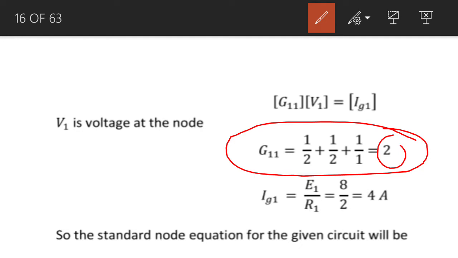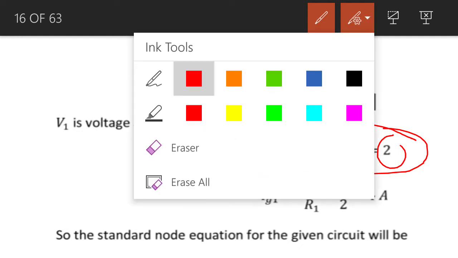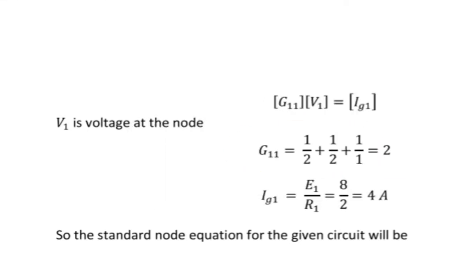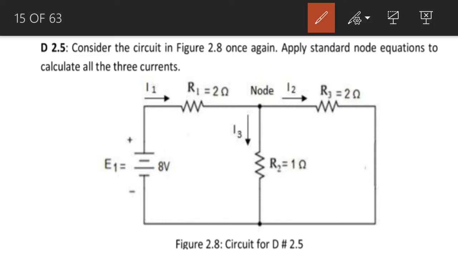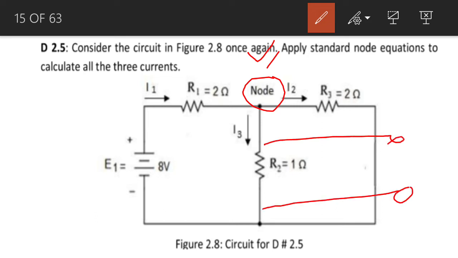And you see, what is V1? Let us consider V1 in the circuit diagram. V1 is the voltage at this particular node. Here is the node of our circuit. So V1 is the voltage at this particular node, and V1 is the voltage across this resistor as well.